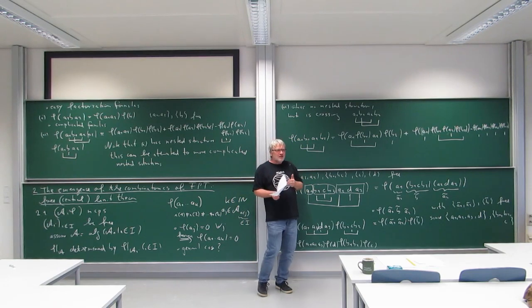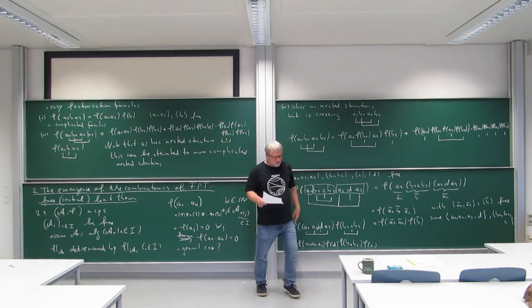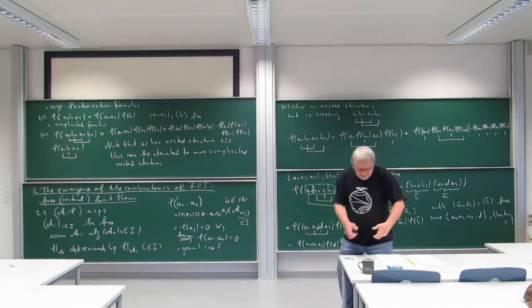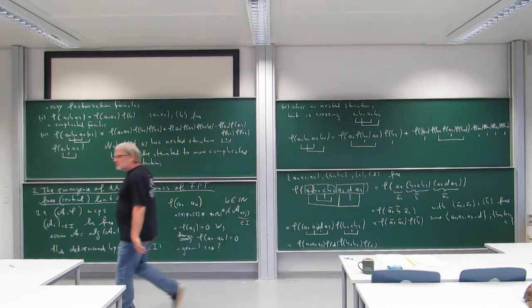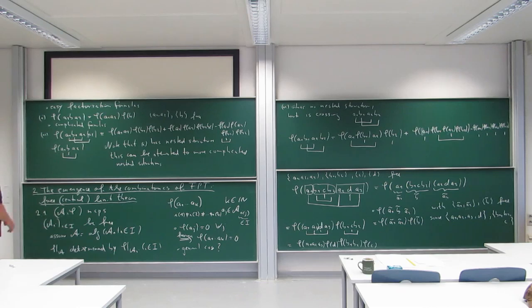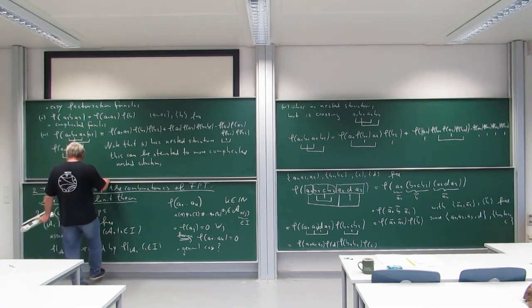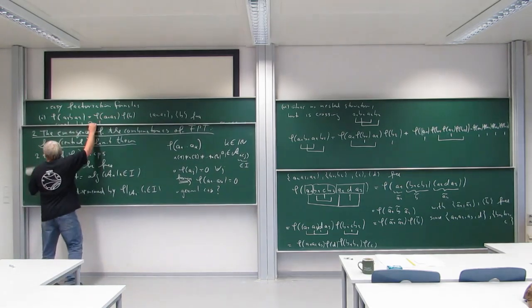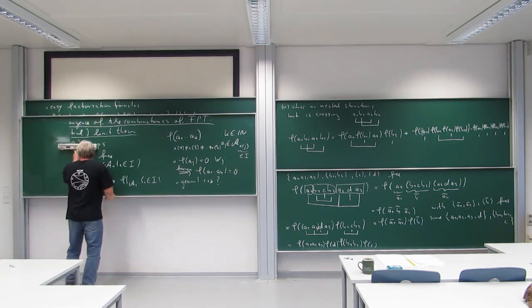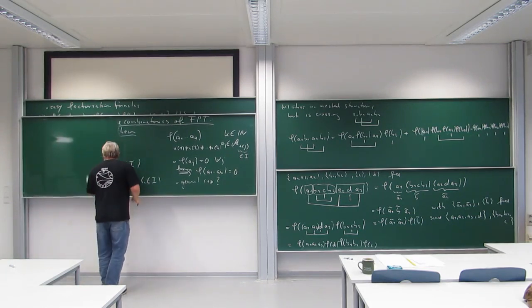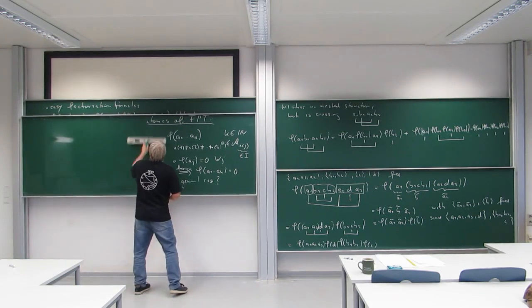And such a thing is called a partition of the set 1, 2, 3, 4. So maybe we should now give more precise definitions and also notations to this, and then hopefully we can understand or describe these formulas in a more precise way.